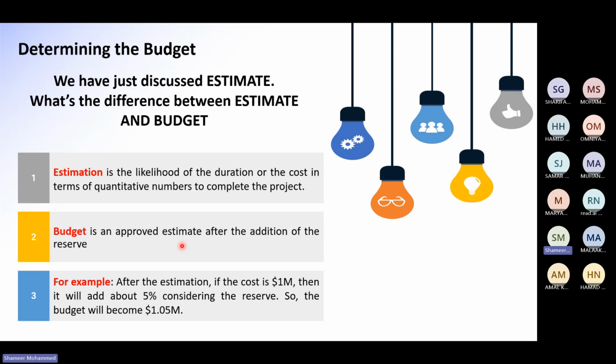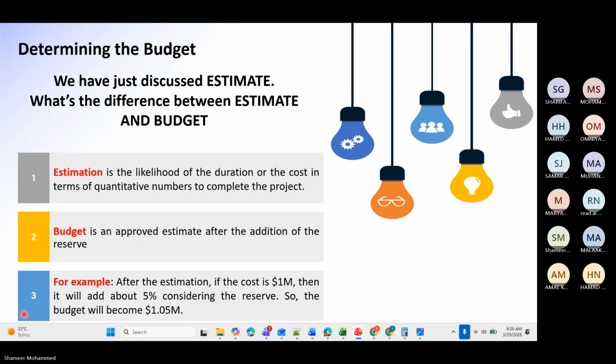That means you are going to sign it with all the stakeholders of your project. Stakeholders, that means the CEO, the sponsor, the customer, the developers, the project team, team leaders and the project manager, all will agree on that cost. So that is your budget, the approved estimate, right?